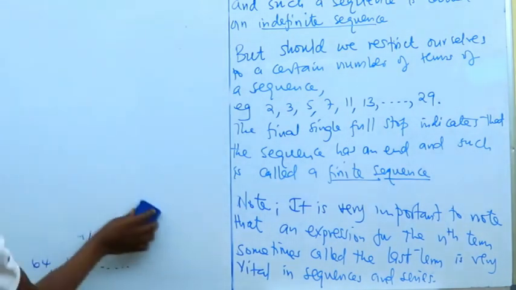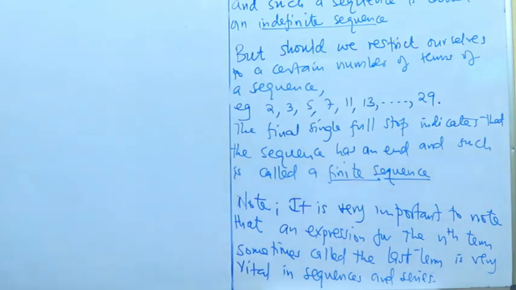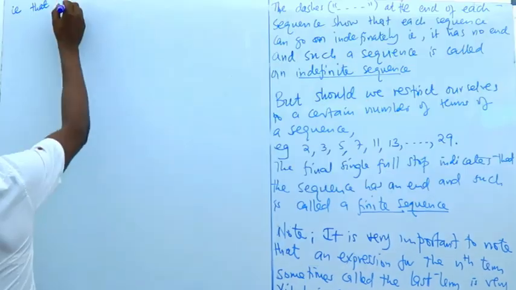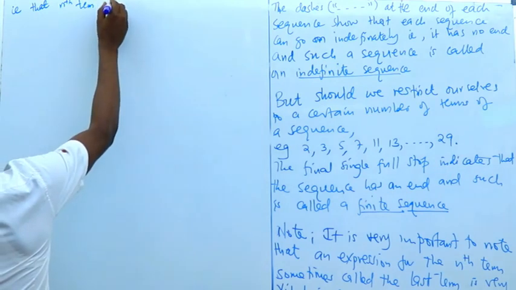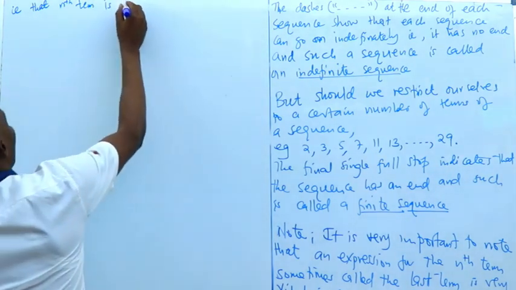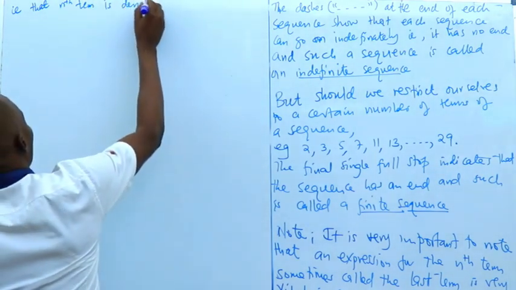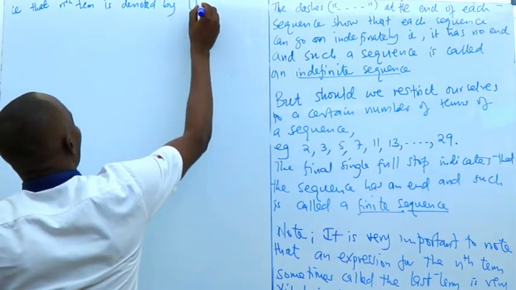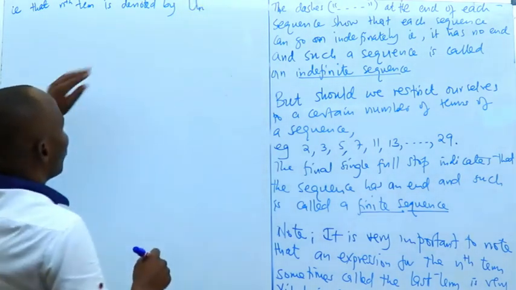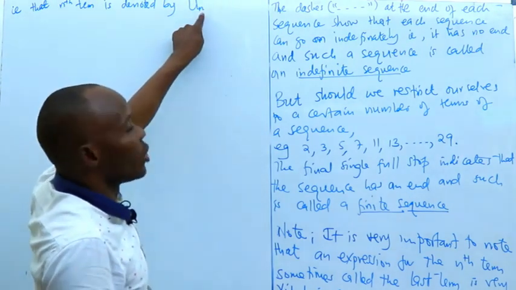That nth term is denoted by U_n. It is capital U, then subscript n.